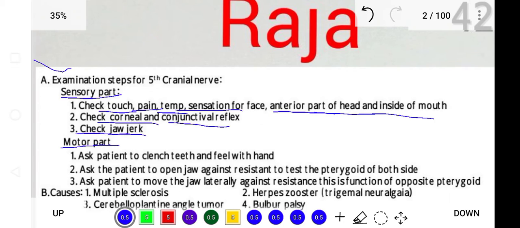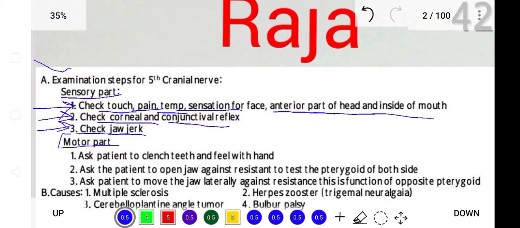There are particular methods and steps for performing the examination, and by doing these methods we can perform this. We check touch, pain, and temperature sensation of the face, anterior part of the head, and inside of the mouth, because it innervates these parts: face, head, mouth, cornea, and we have to check the jaw jerk as well.